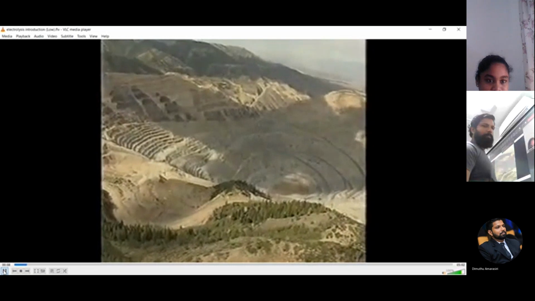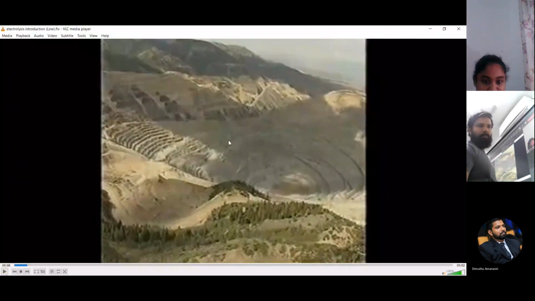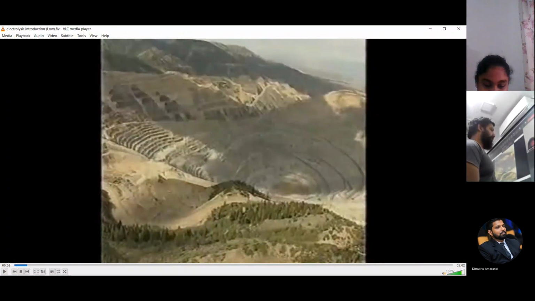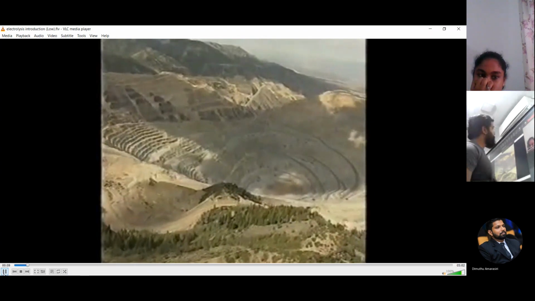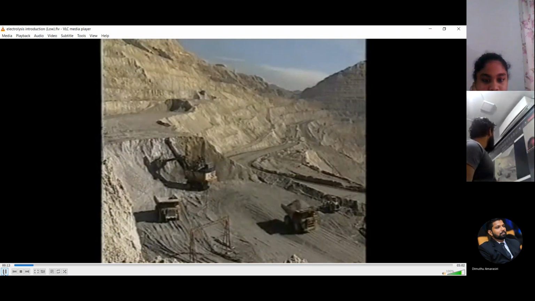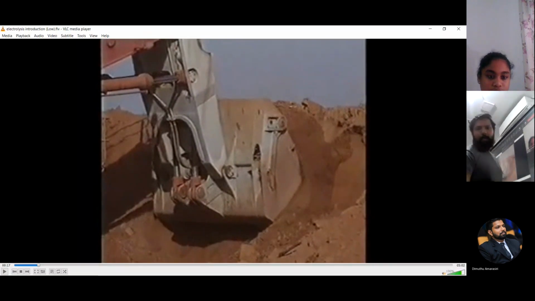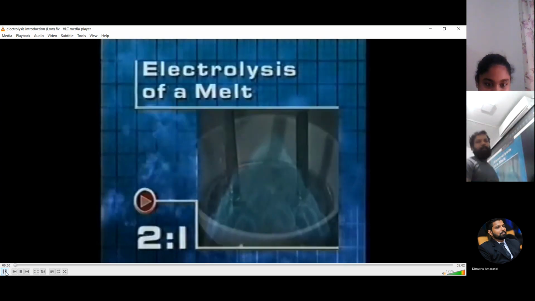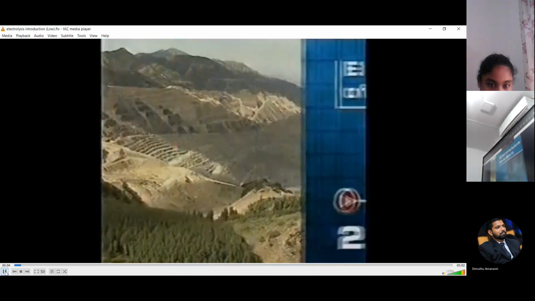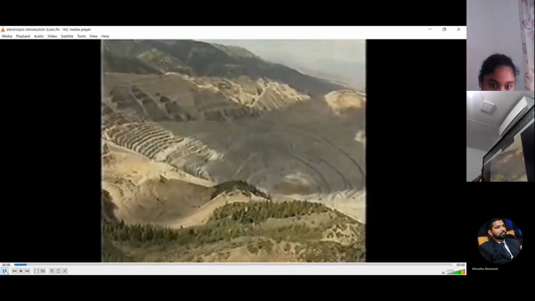The Earth's crust contains many compounds.